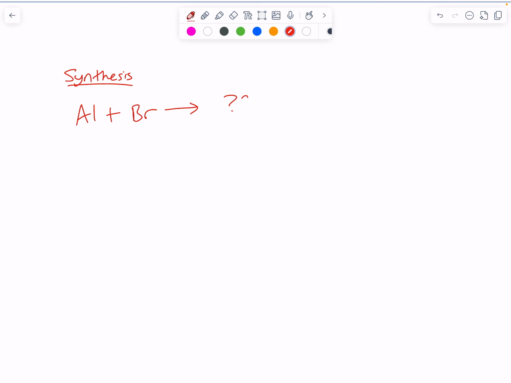And how do I get the product? One product. Aluminum is a metal, and it carries a +3 charge. Bromine is a non-metal. It carries a -1 charge. When you cross these charges, you get AlBr3. That will be an example of a synthesis reaction.